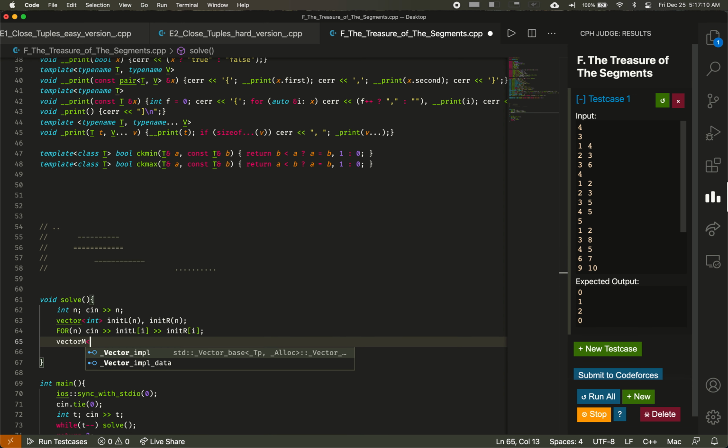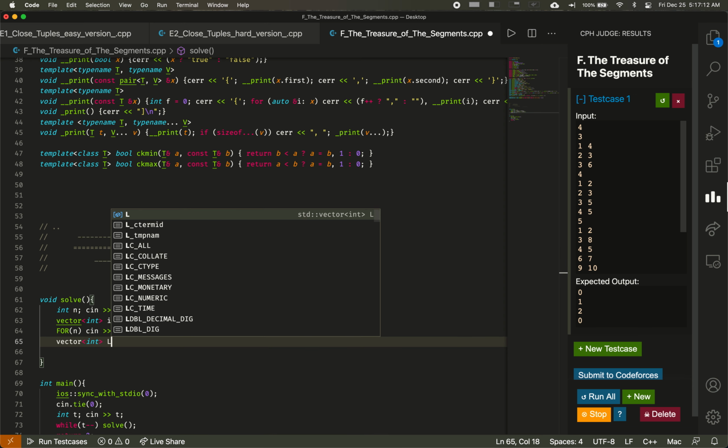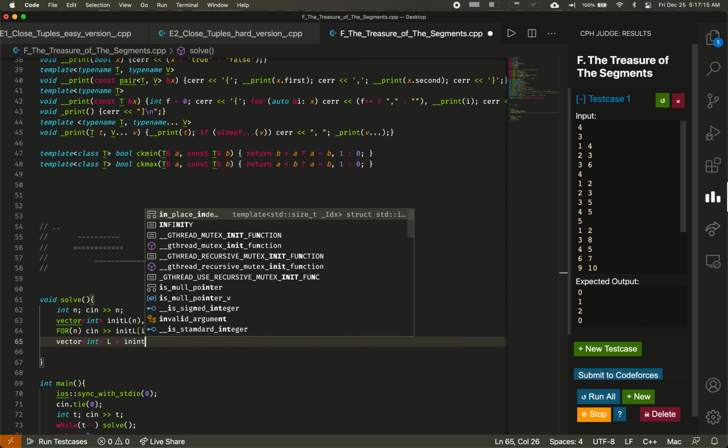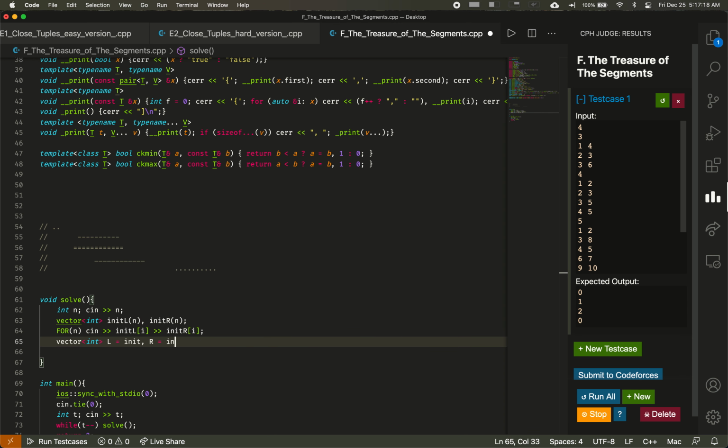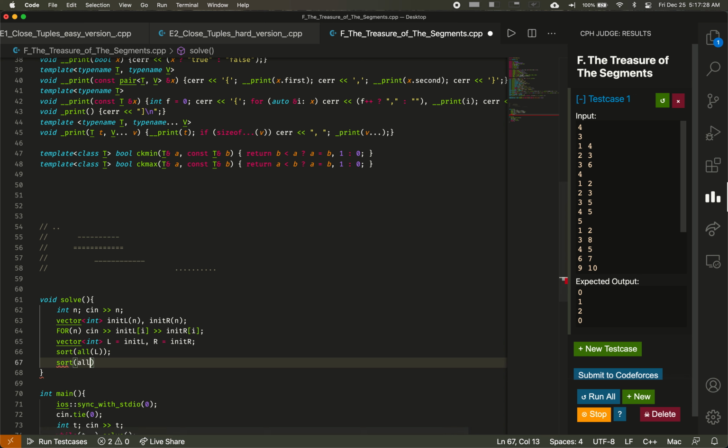So let's create two other vectors, call them L and R, copies of init L and init R. Now we just sort all L and sort all R. This sorts the lists L and R but keeps init L and init R the same. This way we preserve the order like 1, 4, 2, 3, 3, 4, and here we just sort all the lefts and all the rights.